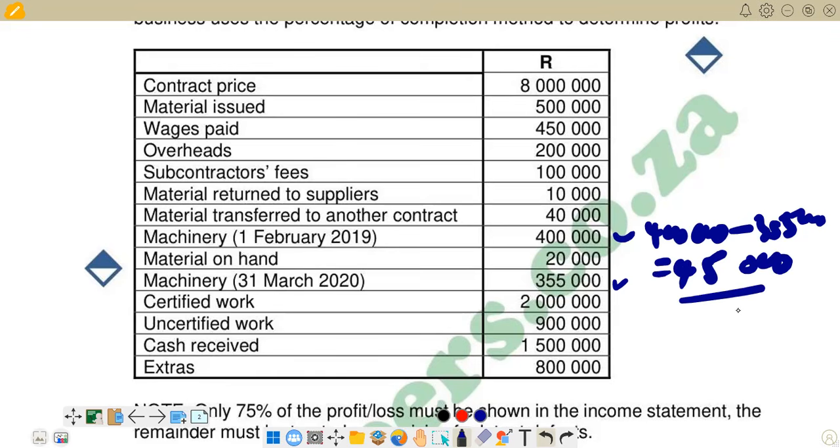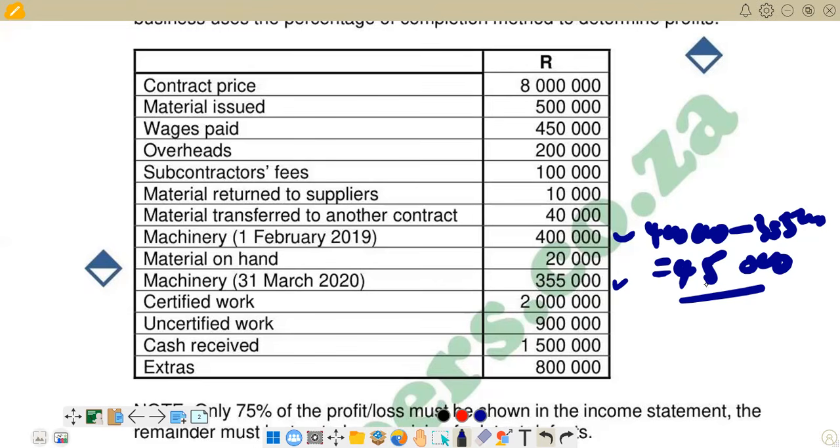So here we can treat this depreciation in two ways. We can enter the machinery value that we have at the beginning of the year on the debit side, 400,000. Then we enter the value at the end of the year, 355,000, on the credit side, and obviously we are going to be left with a balance of 45,000 on the debit side as our depreciation. Or we don't enter these amounts, 400 and 355.